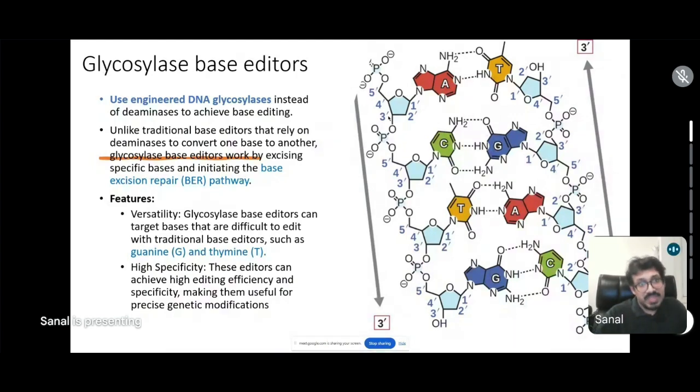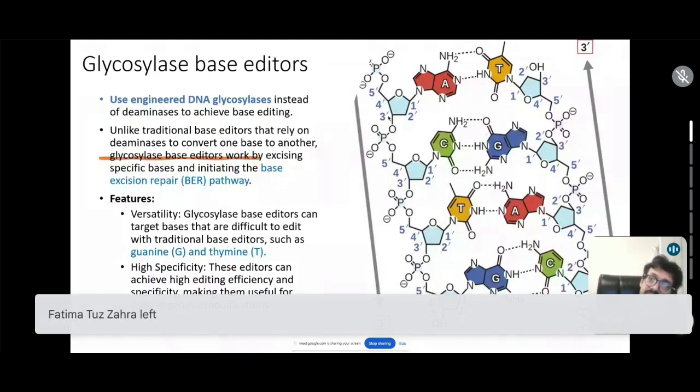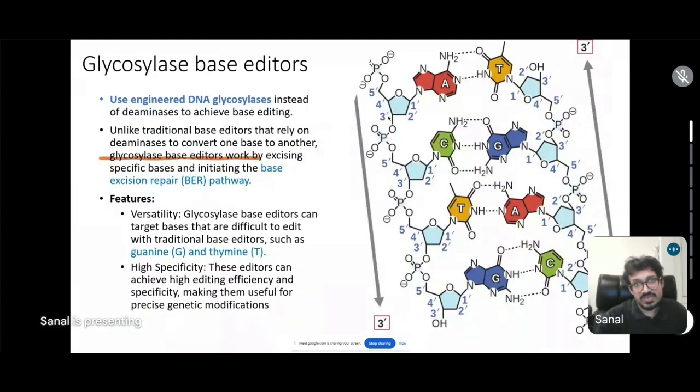So immediately the base excision pathway comes into action. What follows is a natural repair. During that natural repair, we will always provide an intact DNA or a repair template, and that template will be replaced.